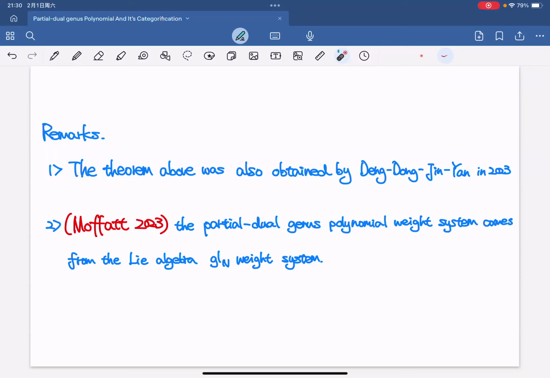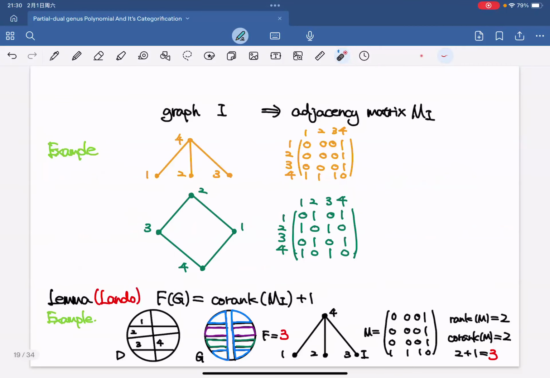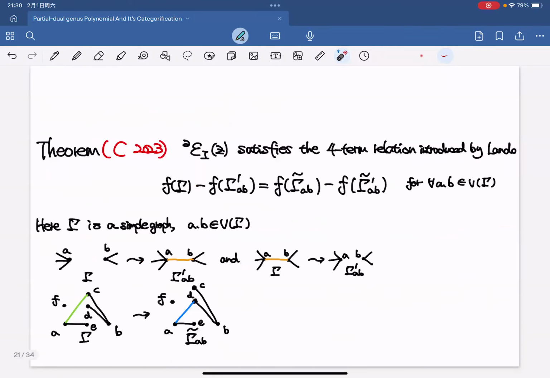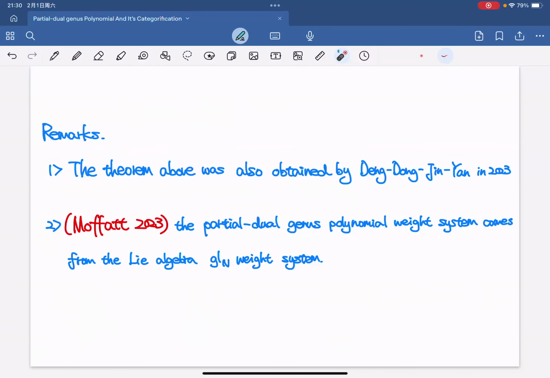And for the first question, recall that it was: does the partial dual genus polynomial weight system come from some Lie algebra? Almost at the same time, it was pointed out by Metha that the partial dual genus polynomial weight system comes from the Lie algebra gl(M). Not something new, it also comes from a Lie algebra.